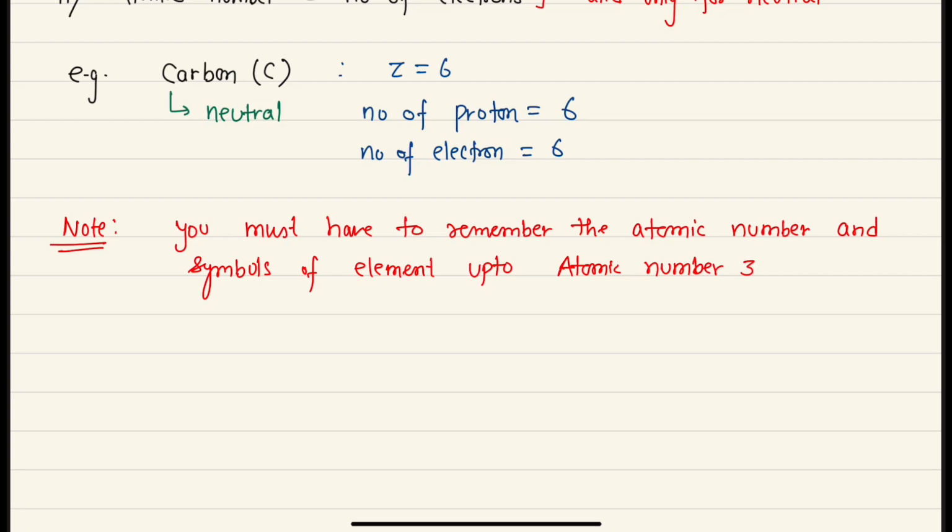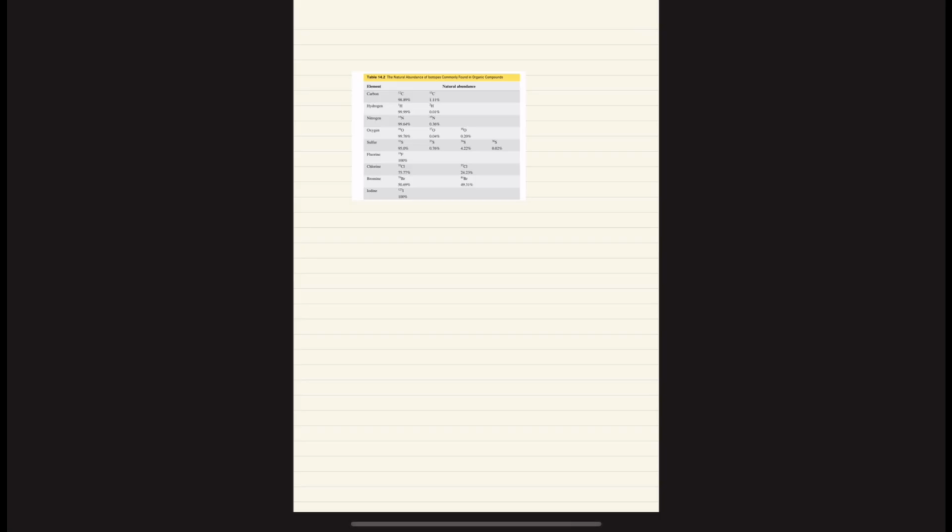It's very important for you. You must remember the atomic number and symbols of the elements up to atomic number 30.